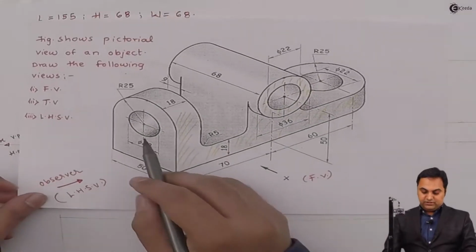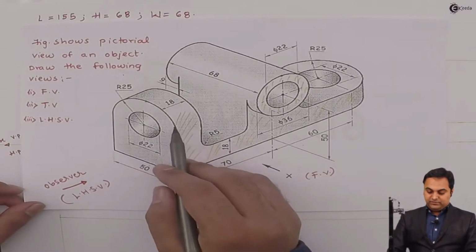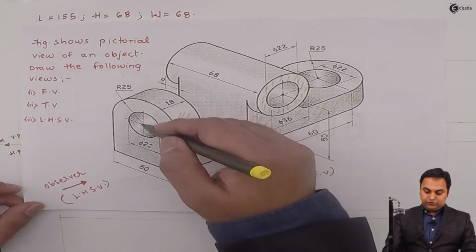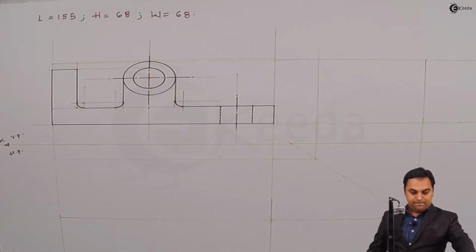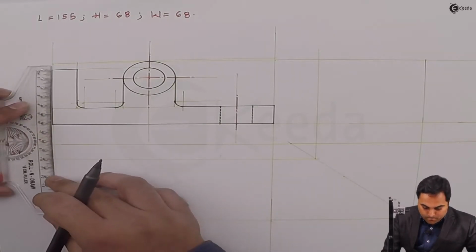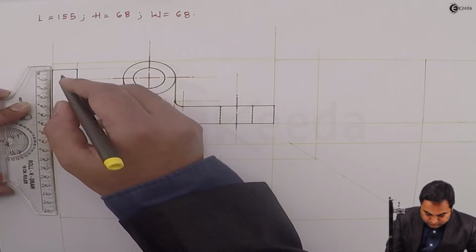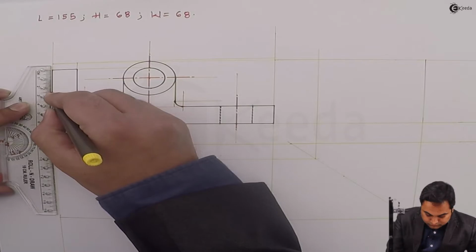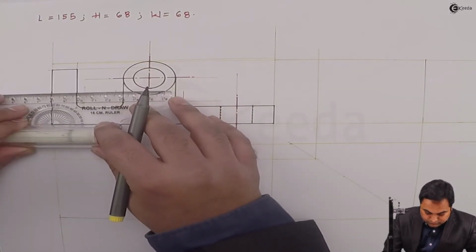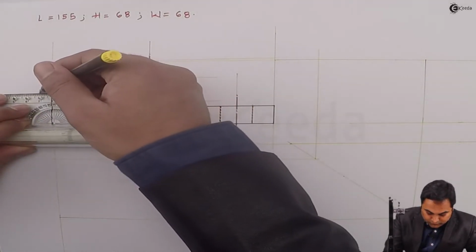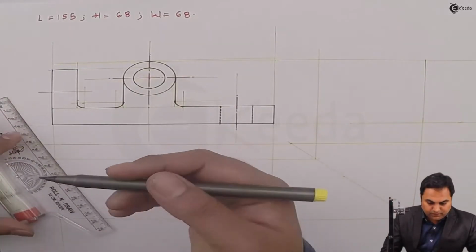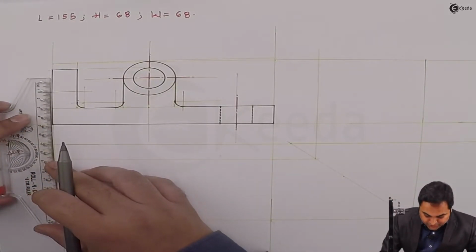There is another circle inside this vertical semicircle, and for that from the top I'll measure 25 mm, drawing a light center line. Then the diameter is 22 mm here as well.